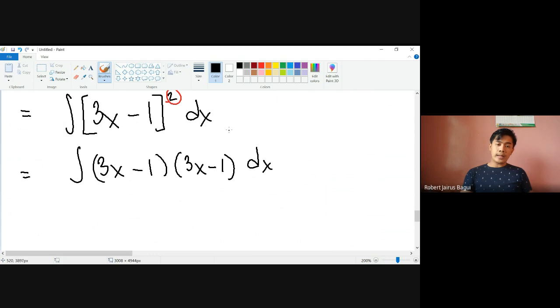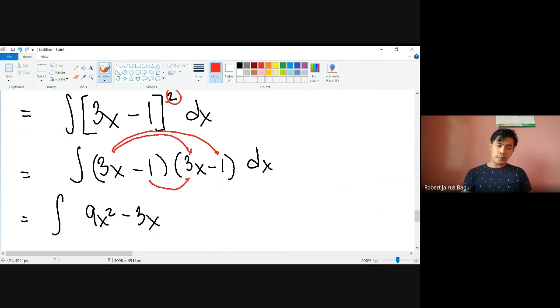Ngayon, pwede natin gamitin ang FOIL method. So unahin ko muna siguro 'to. So 3x multiplied by 3x plus 3x minus 1. So that would be, hindi pa tayo nag-integrate, 9x squared, tapos multiplied by negative 1, negative 3x. So ito namang nasa baba, yung 1 pala.